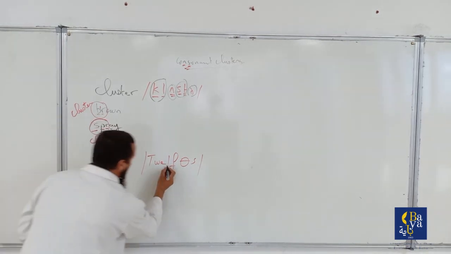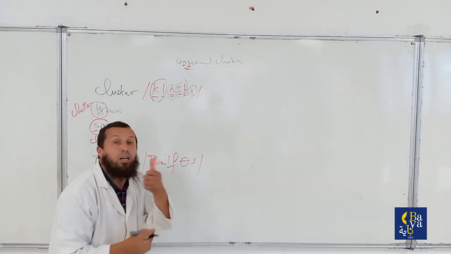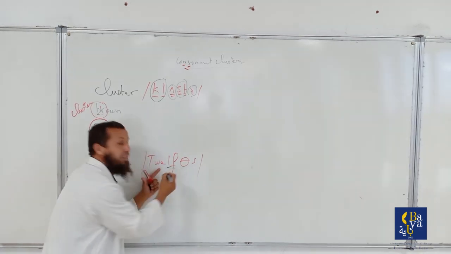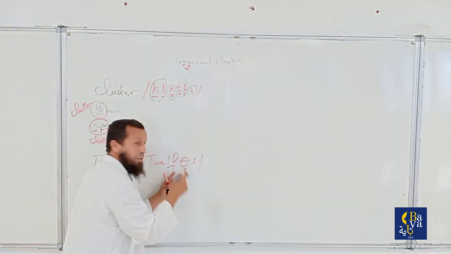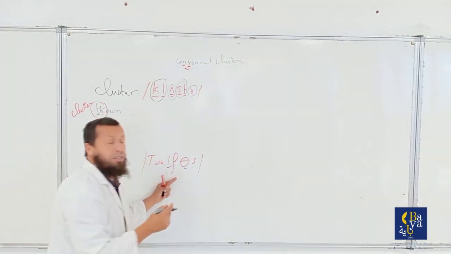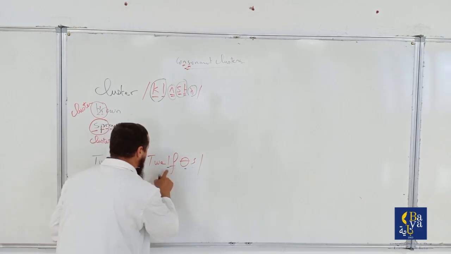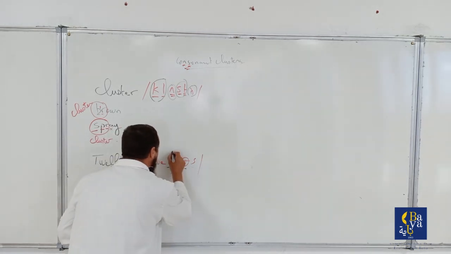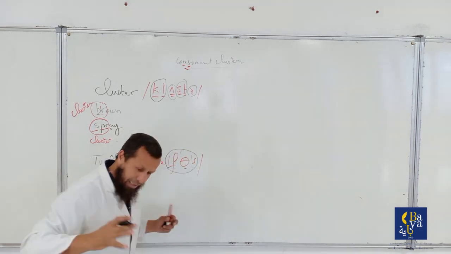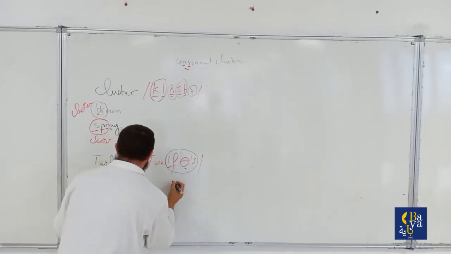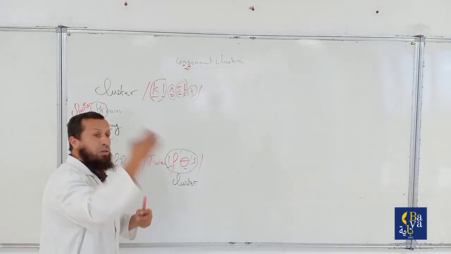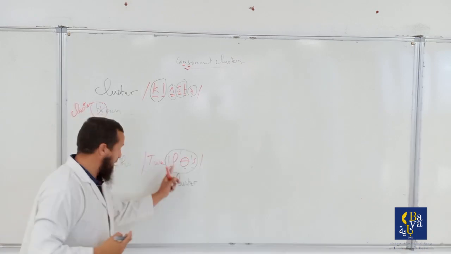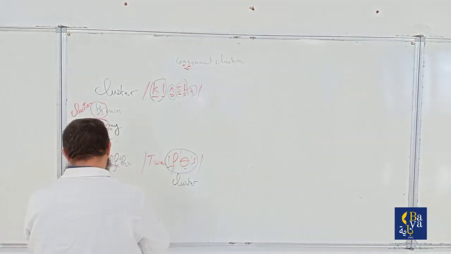We have L consonant 1, F consonant 2, Th consonant 3, S consonant 4. Four consonants, 1, 2, 3, 4. We don't have a vowel here. They are linked together, so it is a cluster with 4 consonants. Cluster with 4 consonants.